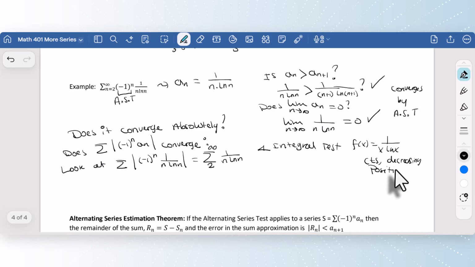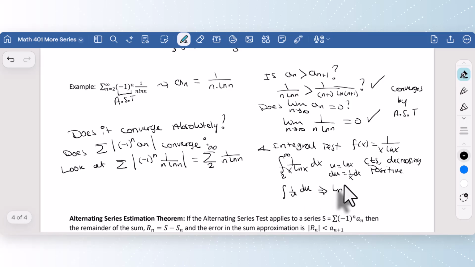And so we can look at the integral. The integral of 1 over x ln x dx, we can do using u substitution. Let u be ln x, du is 1 over x dx. So this becomes the integral of 1 over u du, which is natural log of u.